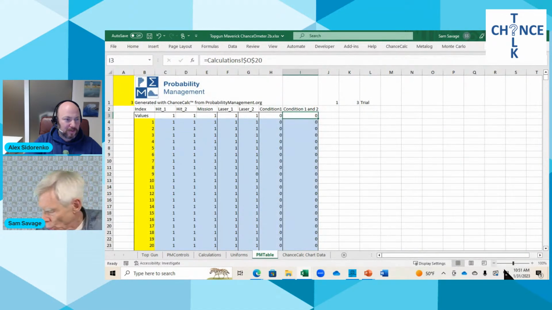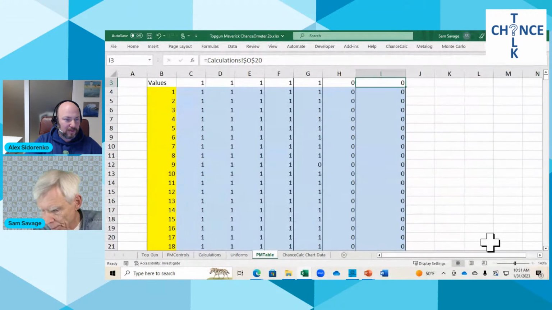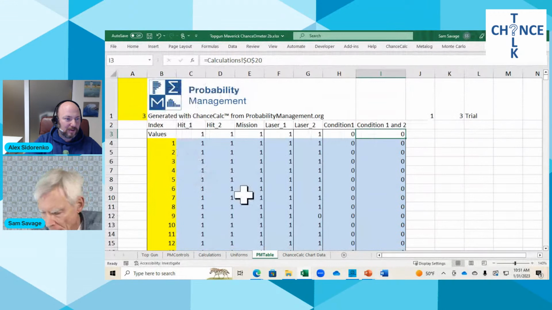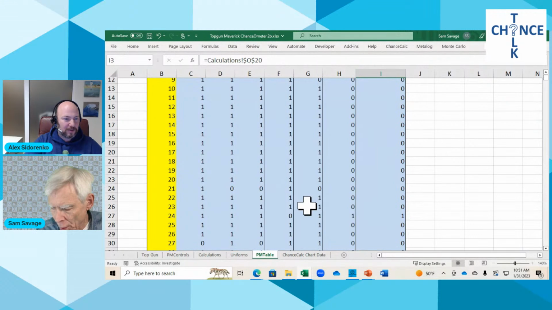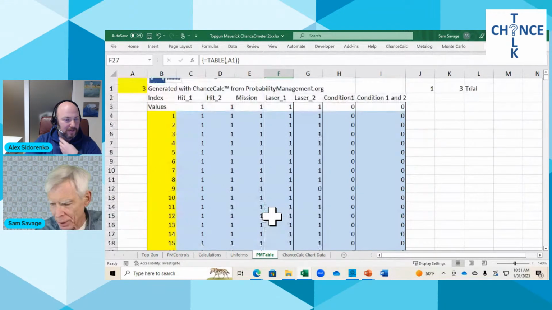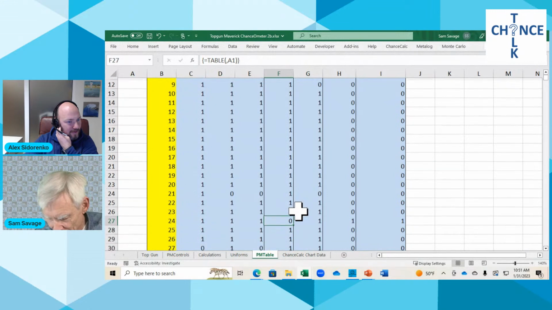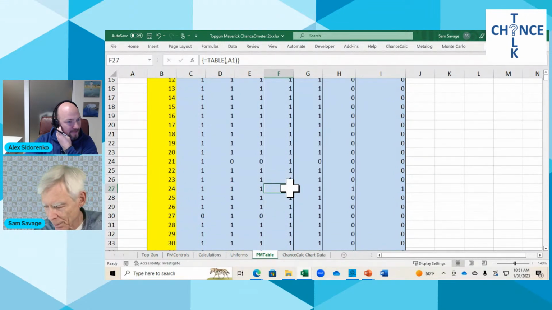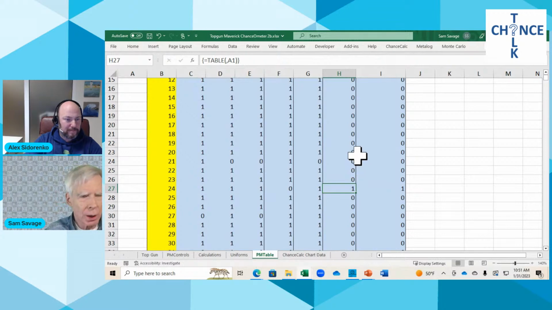Good. Now go over here. So we hit target 1. Oh, here we go. Laser 2 is down, right? Here's laser 2. We hit target 1. Let's go down and look at that again. That was on trial 24. That means that here is condition 1 that we hit target 1.